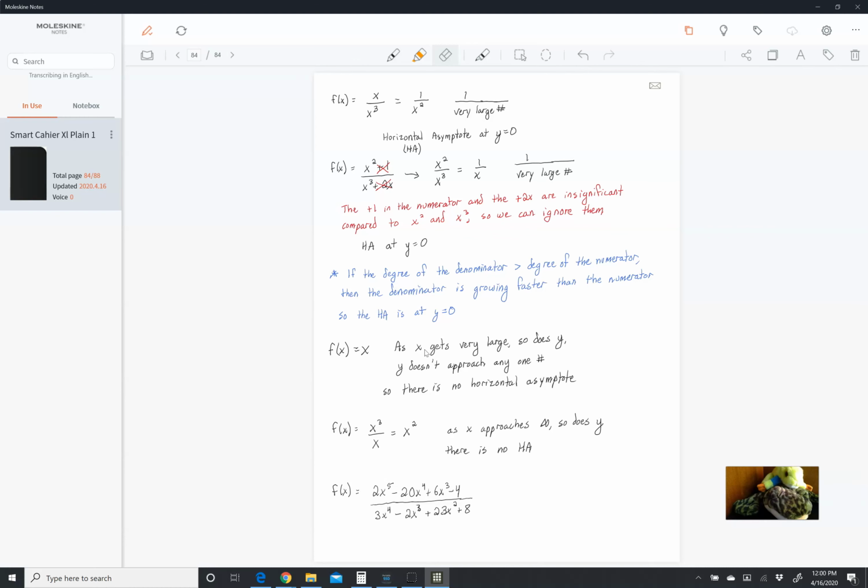Now this seems so complicated, right? But the only thing that's significant are the first terms, okay? The terms with the leading coefficients. And the reason why is that x to the 5th is so much larger than x to the 4th that all of this other stuff is insignificant.